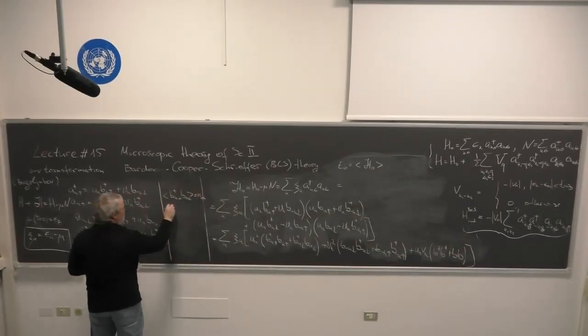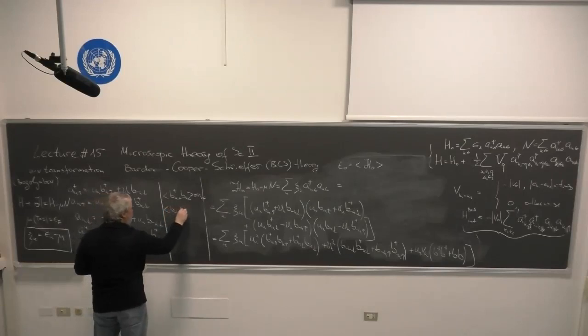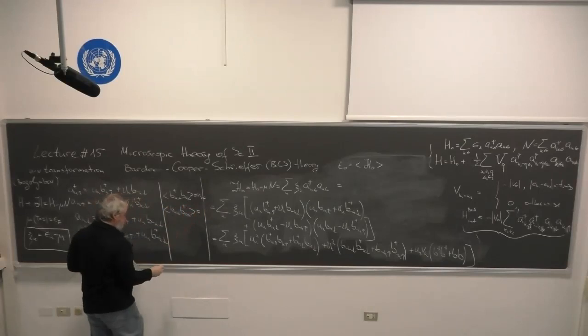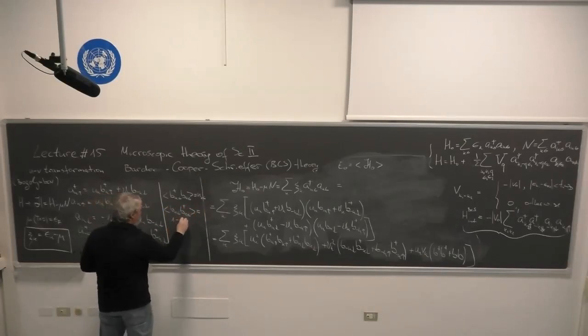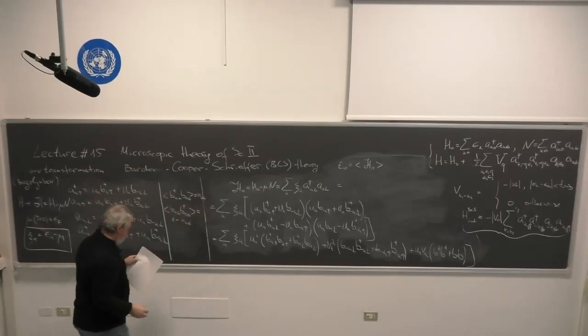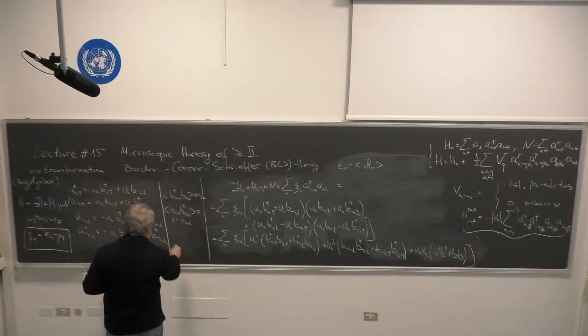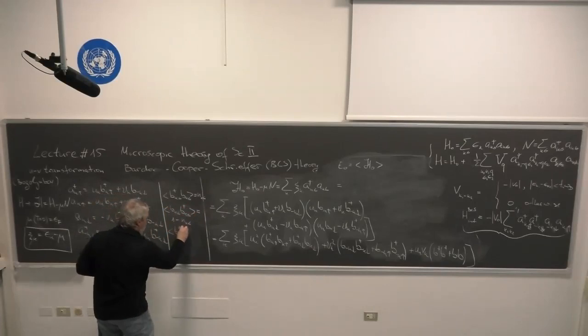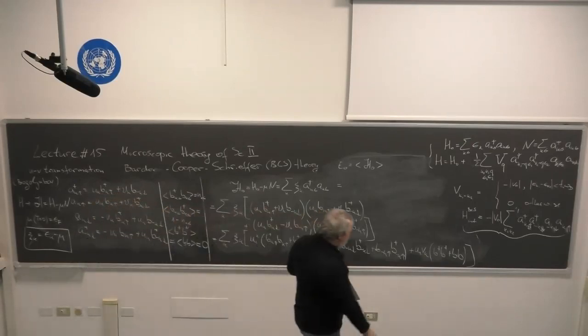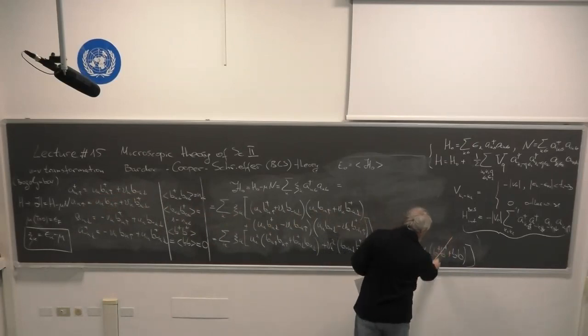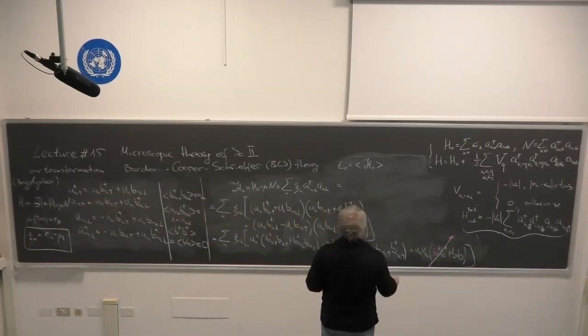The averaging of B_k sigma B_k sigma dagger gives me 1 minus n_k sigma. But the averaging of two creation or two annihilation operators gives me 0. Therefore, after averaging, this term will go.